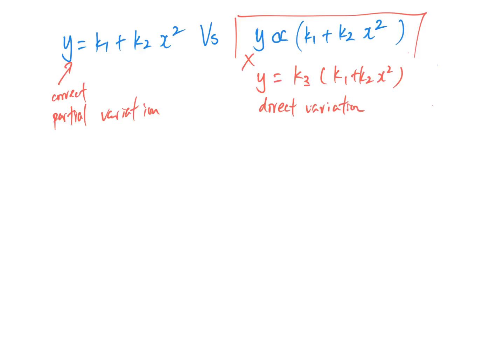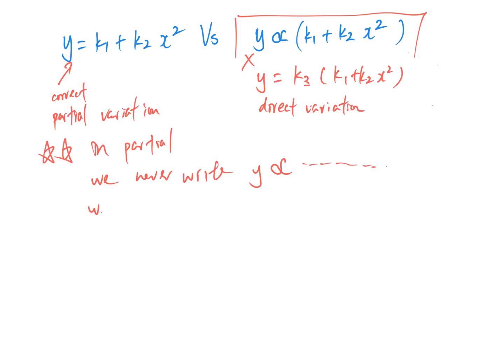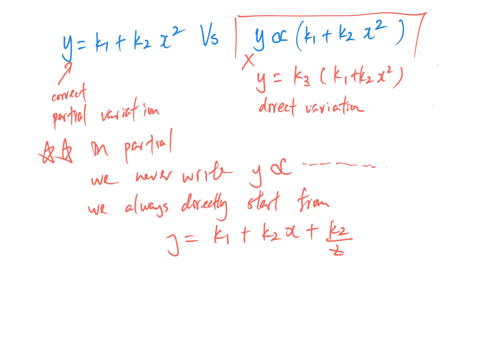So bear in mind, in partial variation, we never write y proportional to. We always start directly from y equals some constant plus another constant times x plus another constant over z, and so on.